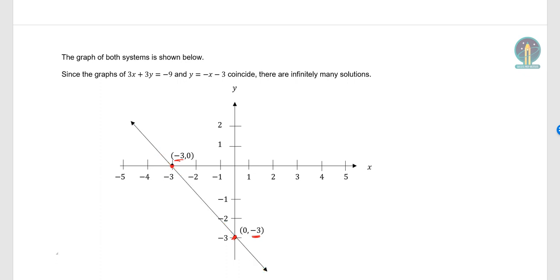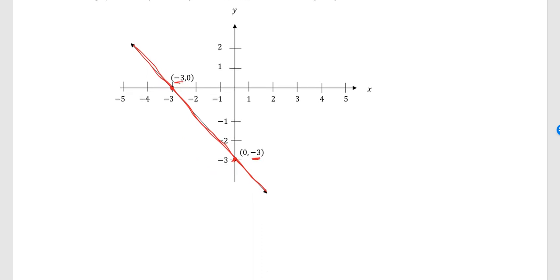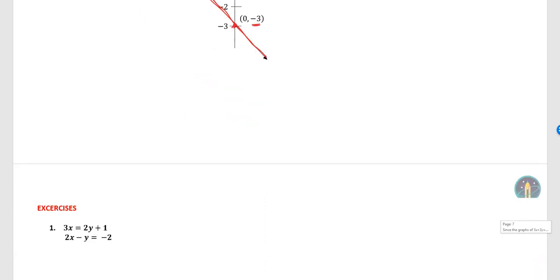This is one, and the other one right on top of it. So this has infinitely many solutions, because all values for either equation satisfy both equations. So, infinitely many solutions.